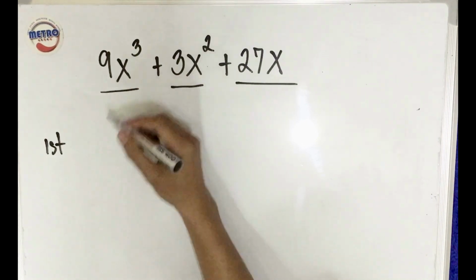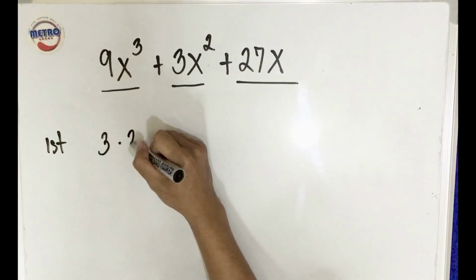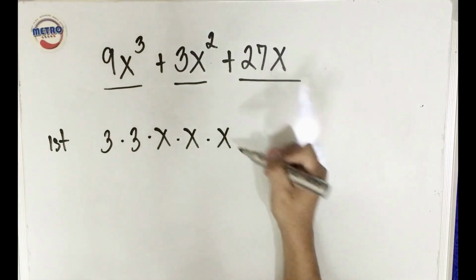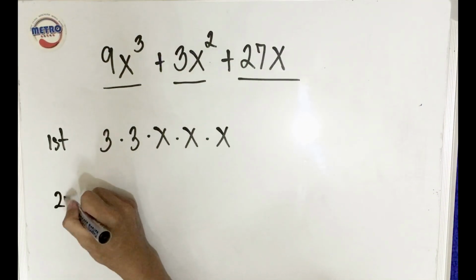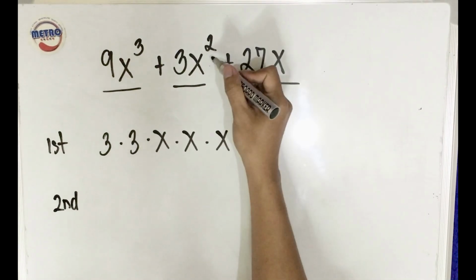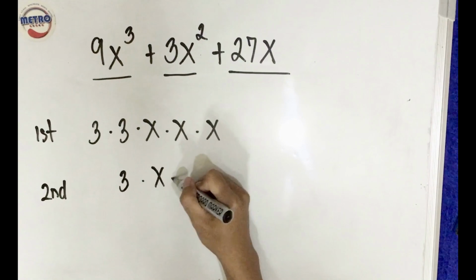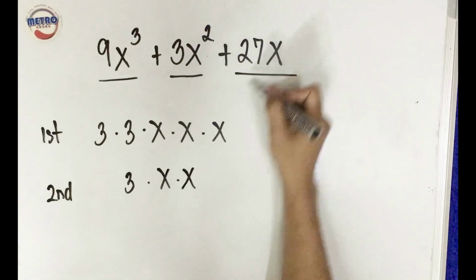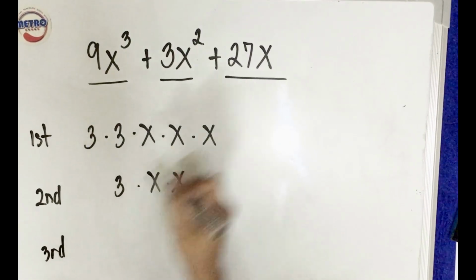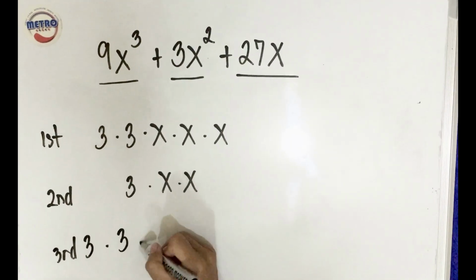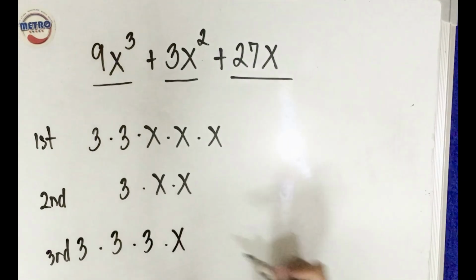This can be written as 3 times 3 times x times x times x. For our second term, 3x squared can be written as 3 times x times x. And for our third term, 27x can be written as 3 times 3 times 3 times x.